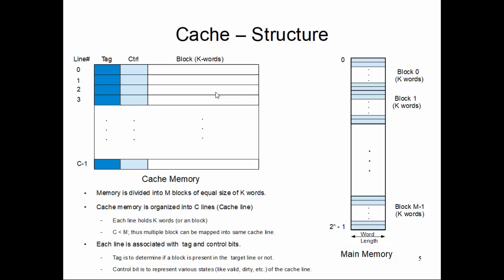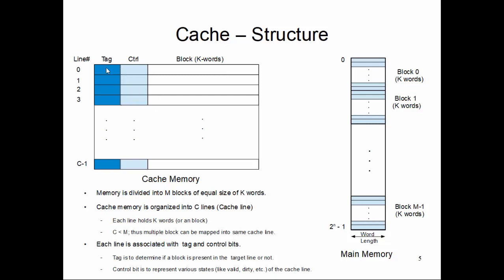But in general it is on the order of megabytes, and main memory is on the order of gigabytes. So C is not very much less than M, but C is somewhat less than M. That's the whole purpose of a memory hierarchy, giving an illusion of faster but larger memory. Now each line does not only have the block, but it has certain associated information as well.